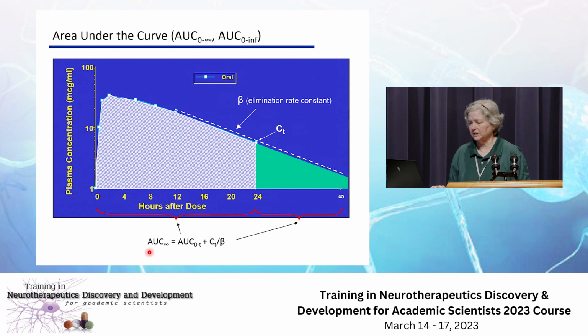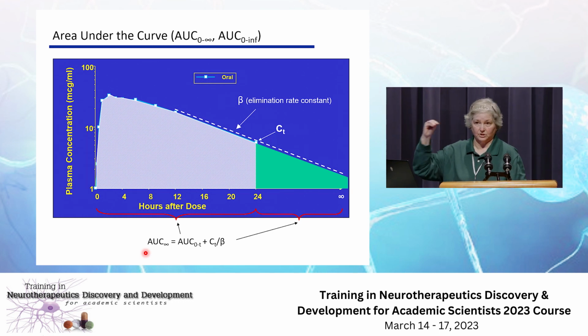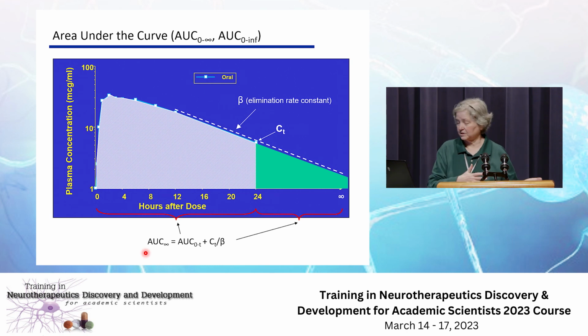AUC 0 to infinity is actually going to be the steady state AUC after multiple dosing. So if you dose once a day, then once you get to steady state, the area under the curve that you'll have will be equivalent to the area under the curve 0 to infinity that you might calculate from a single dose. So if you have an AUC target, this helps you understand from just a single dose pharmacokinetic study what you might have later with repeat dosing.